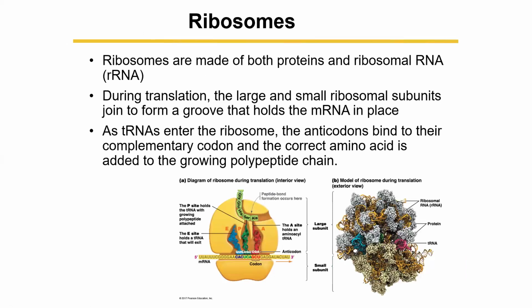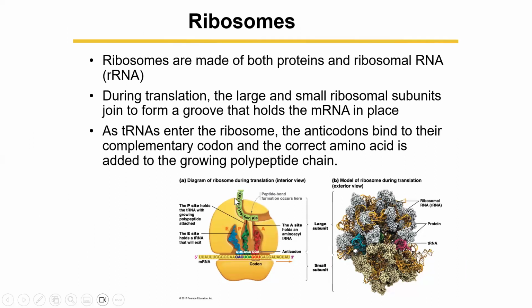So ribosomes themselves are made of both protein and ribosomal RNAs. Basically, when translation occurs, the large and small subunits of the ribosome come together. It holds the mRNA in place.